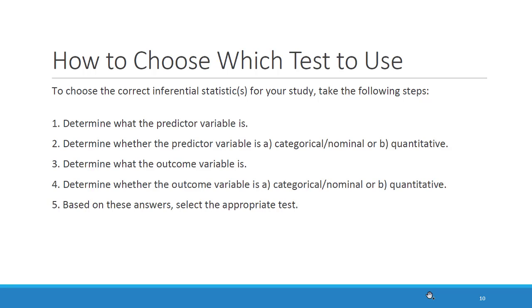Number 1, determine what your predictor variable is. Number 2, determine whether your predictor variable is categorical, nominal, or quantitative. Step 3, determine what your outcome variable is. Step 4, determine whether your outcome variable is categorical, nominal, or quantitative. And step 5, based on these answers, select the appropriate test.